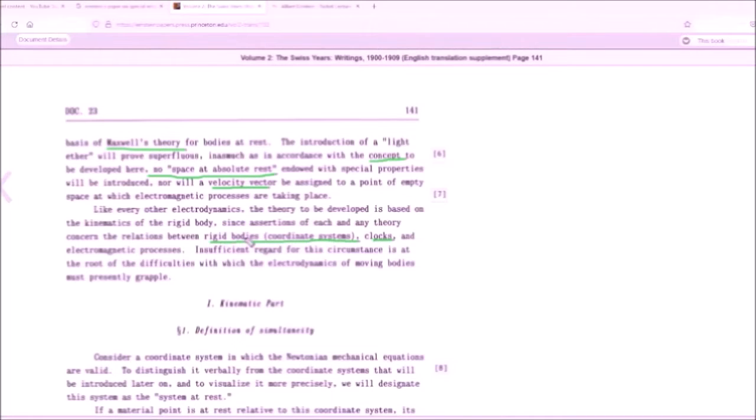Because the rigid bodies have x, y, and z, the time is t, and the electromagnetic process has a velocity of constant speed. Insufficient regard for this circumstance is at the root of the difficulties with which electromagnetics of moving bodies must presently grapple.